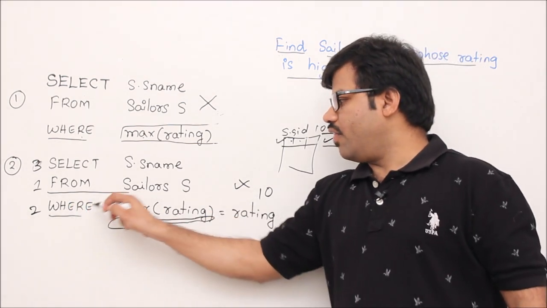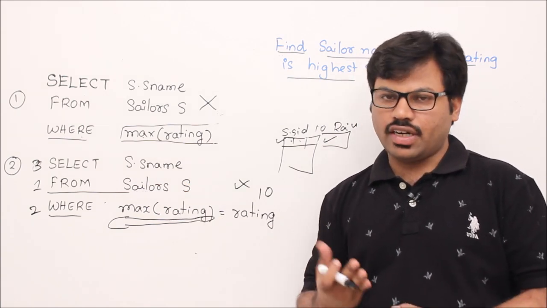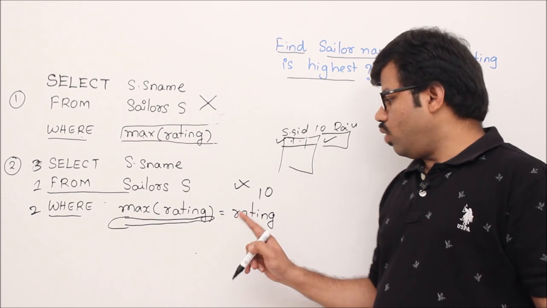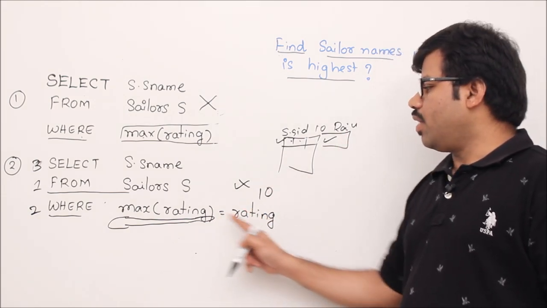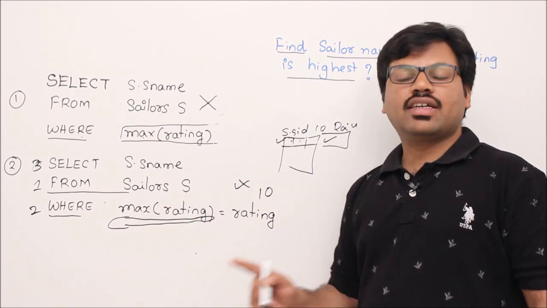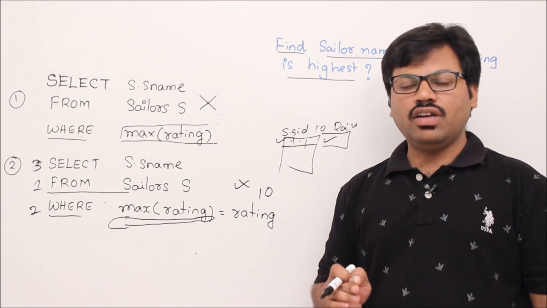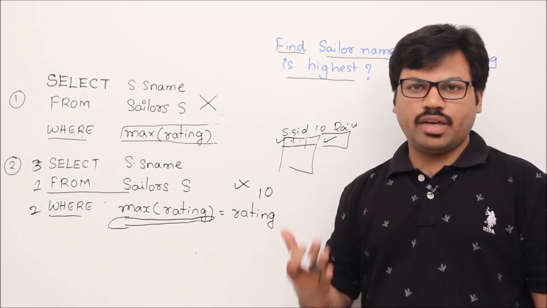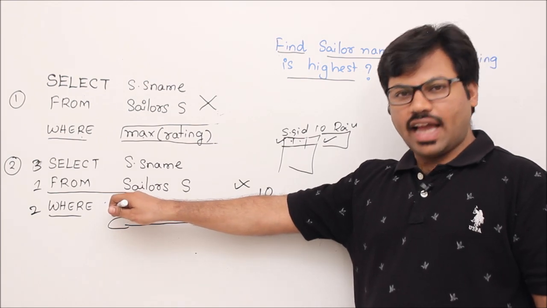So when you are in the where clause, we are thinking in terms of rows, right? For a particular row we'll have a rating value, but for a particular tuple, max is not defined. Any aggregate operator generally will not be defined for a tuple, it is defined for a table. That's why, being in the where clause, we should not think about taking aggregate operators.